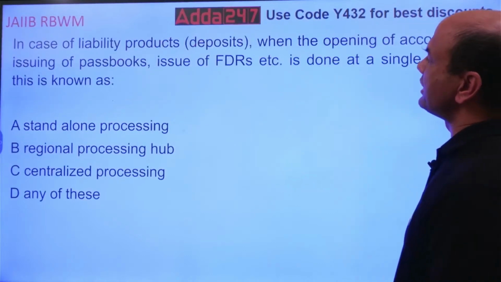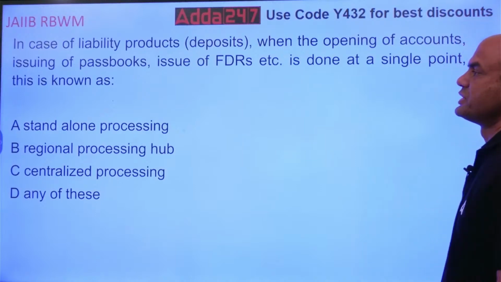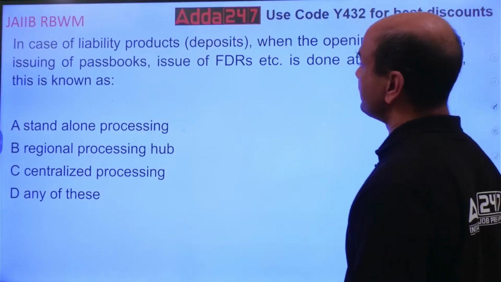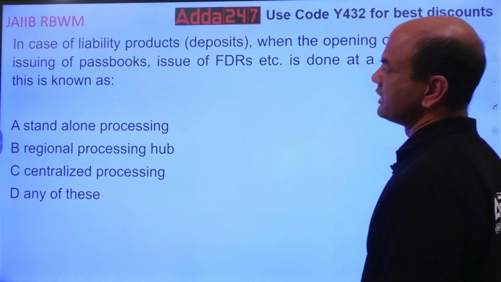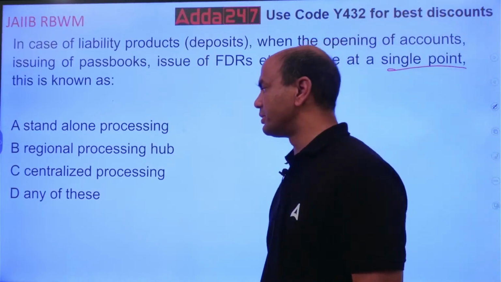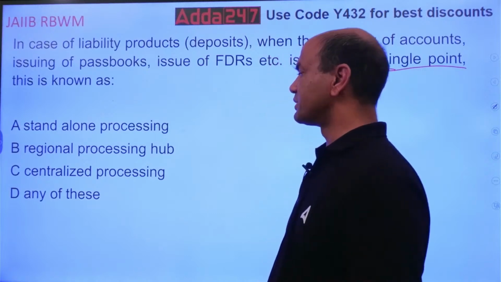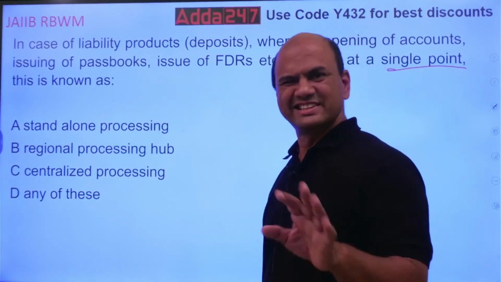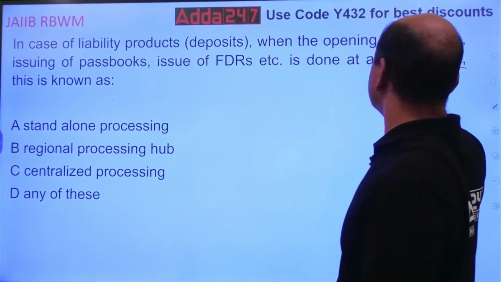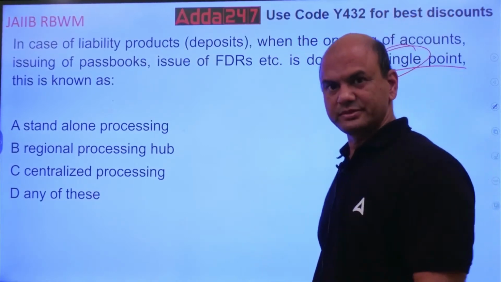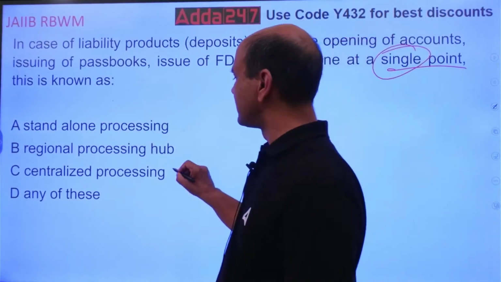In case of liability deposits, when the opening of accounts, issuing of passbooks, issue of FDRs, etc. is done at a single point, it is known as standalone, regional hub, centralized processing, any of these. Similar to the earlier one. Single point, okay, it is centralized.